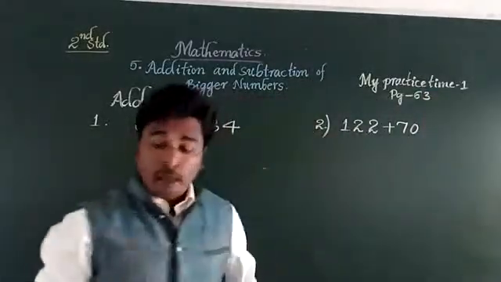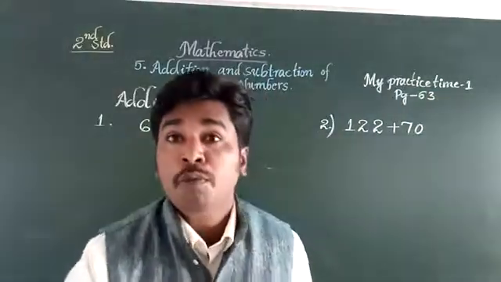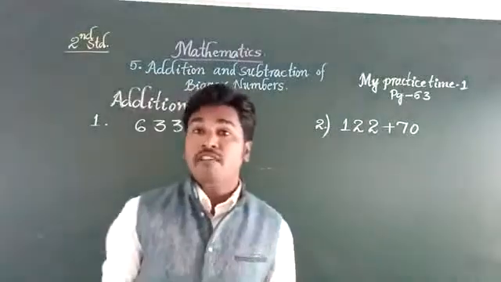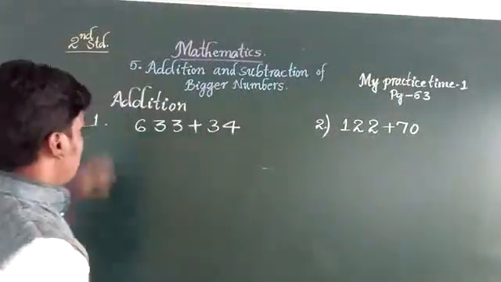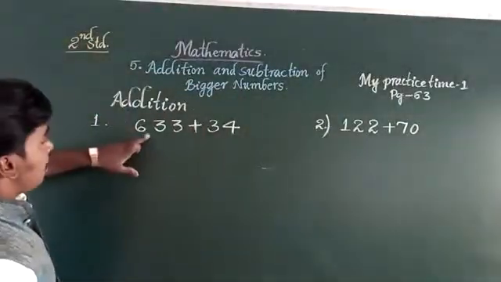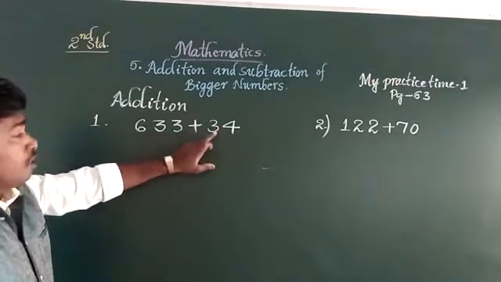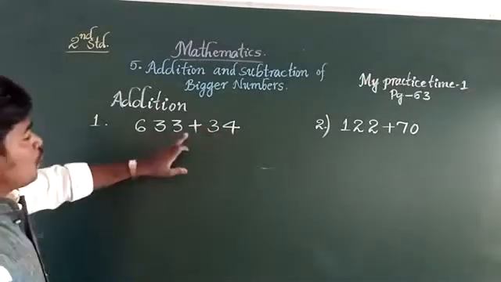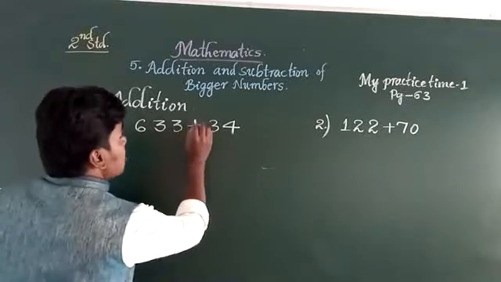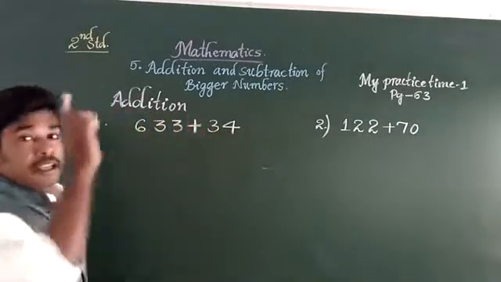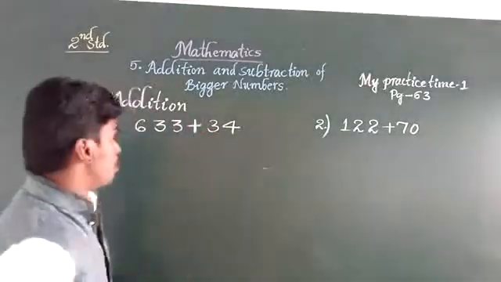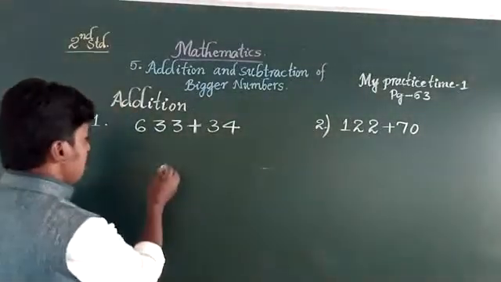So after completion of the explanation, you please practice all those problems given in My Practice Time. Okay. So come to the first one. It is 633 and 34. What are you going to do? Here the sign is plus. Plus indicates that it is addition. So write the numbers in columns.